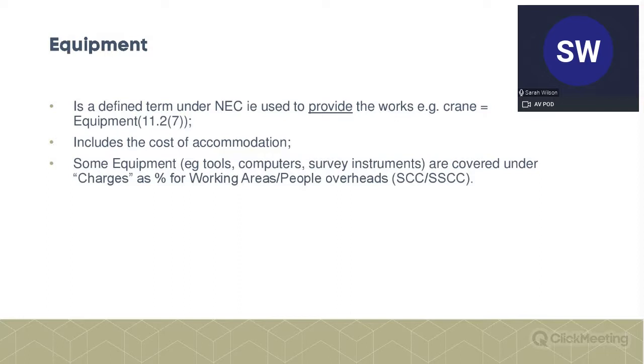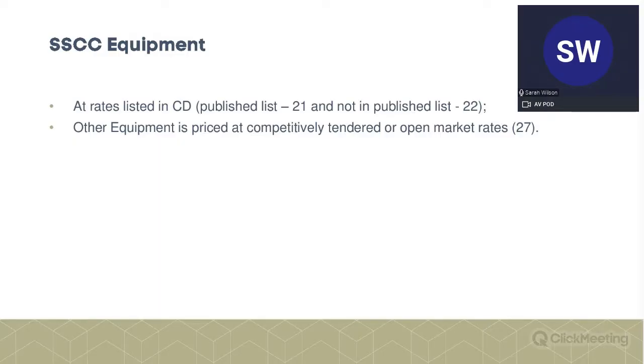As we've already said, it includes the cost of accommodation, site cabins, but lots of other things, particularly the things within the site cabins, but also small tools, etc., covered under charges, where we have a percentage for what's called the working areas or the people overheads. A little bit confusing, but if you see that percentage, that's what it's about.